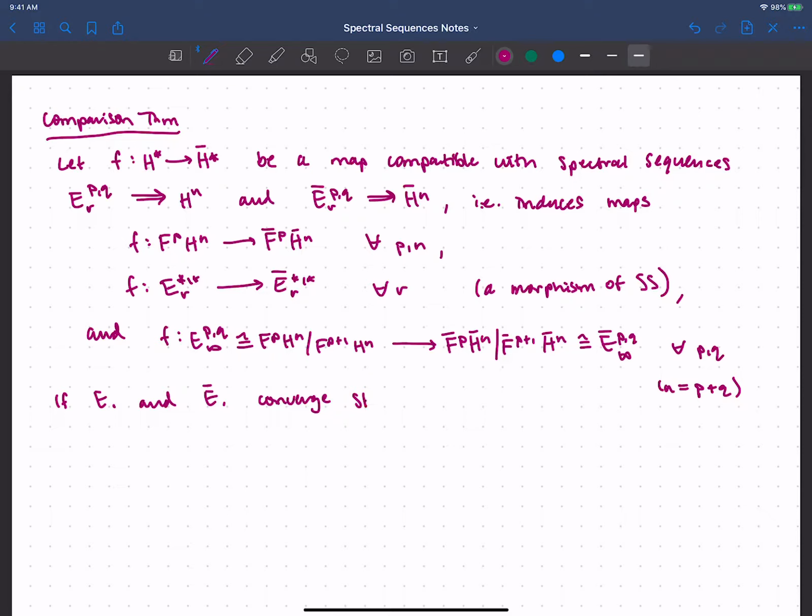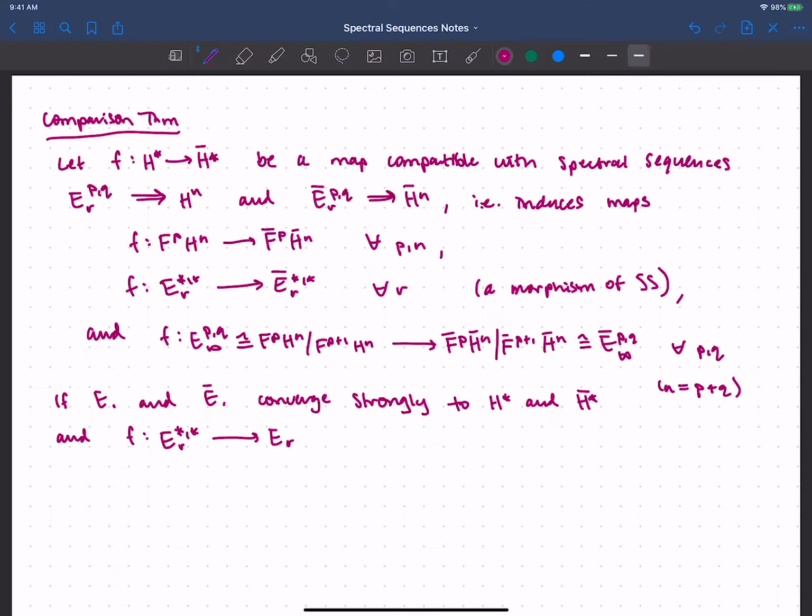If these converge strongly, so that those filtrations are exhaustive, Hausdorff, and complete, so to H star and H star bar, and so I've got the best kind of spectral sequences, everything's compatible, and yet more if I know that my map from E_r^{p,q}, I really want for all p and q, so let's just say star star.